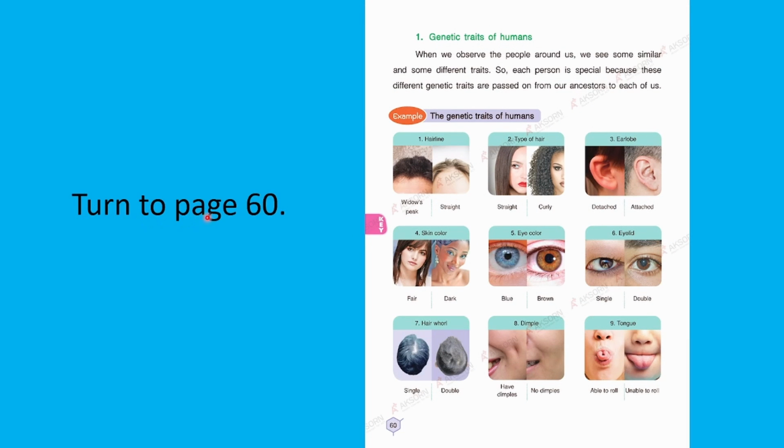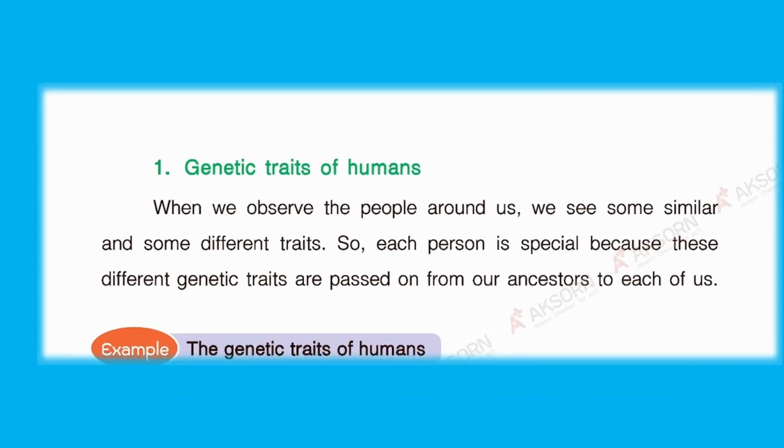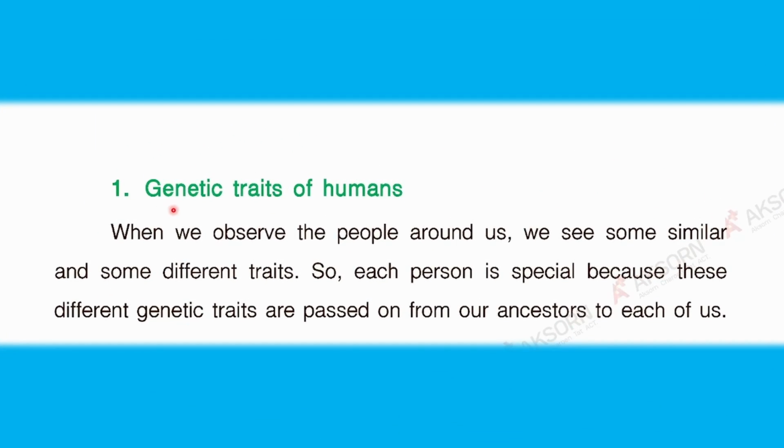Turn to page 60. Genetic traits of humans. When we observe the people around us, we see some similar and some different traits. Okay, so observe is to look at.